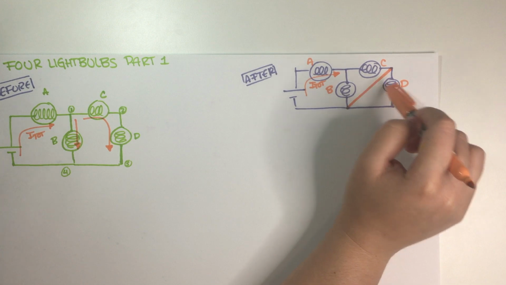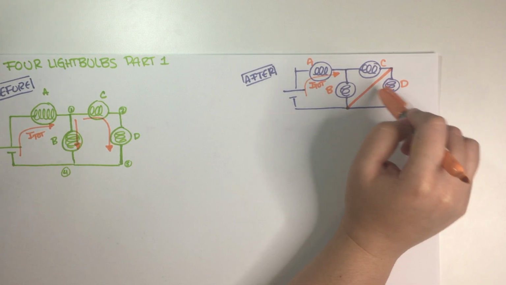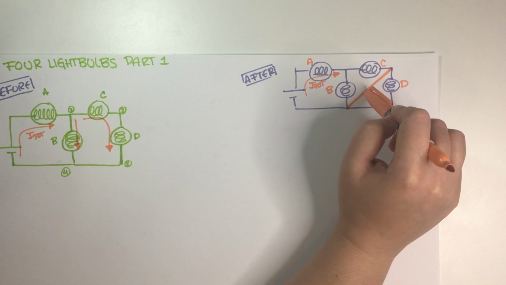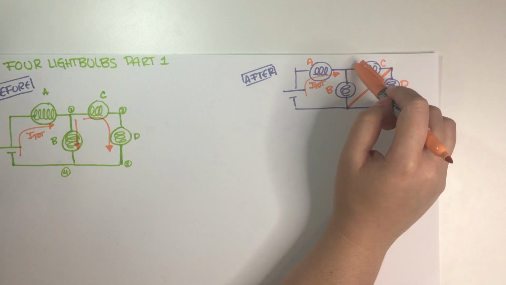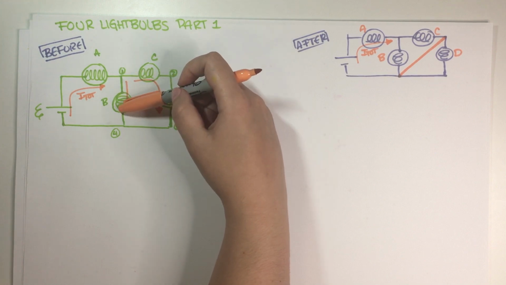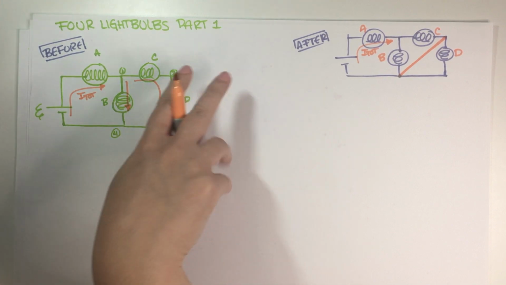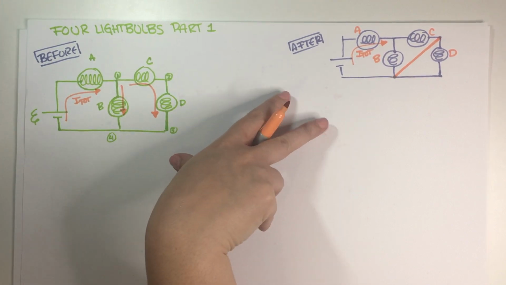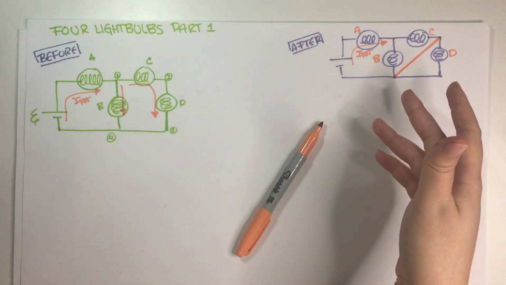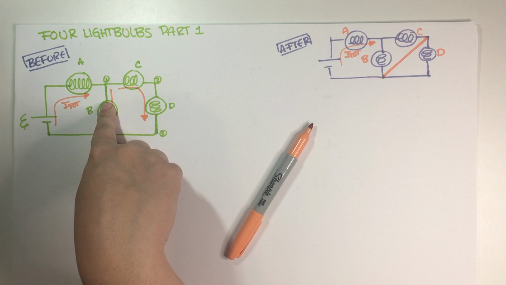This is one of those cases in which, as I've said before on past videos, if the current has to choose between 2 paths of resistance, the current will prefer the path of least resistance, but it's still going to split up. It's going to split up according to that preference, but you're still going to have current going both ways.